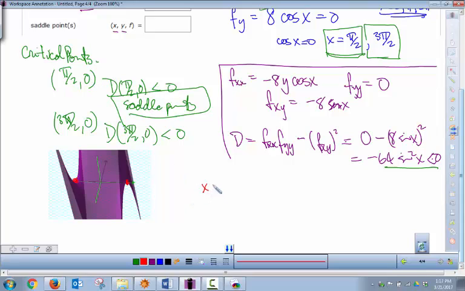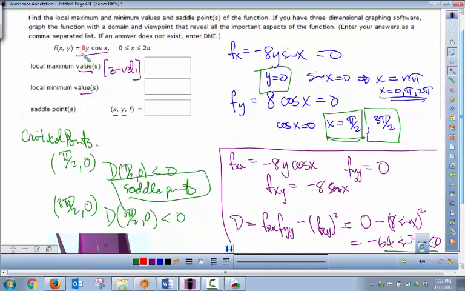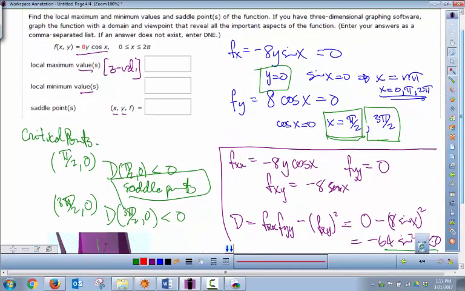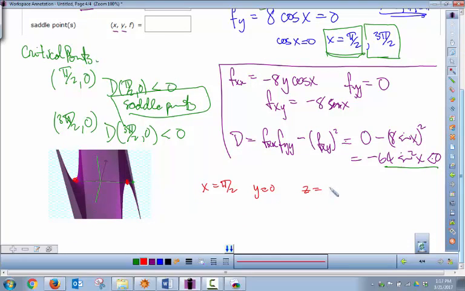So when x is equal to pi over 2 and y is equal to 0, what does our z equal to? Z is equal to 8 times 0 times cosine pi over 2, which is equal to 0. So x is equal to 3 pi over 2, y is equal to 0, and z is also equal to 0.